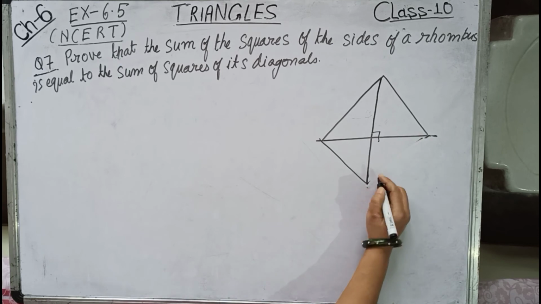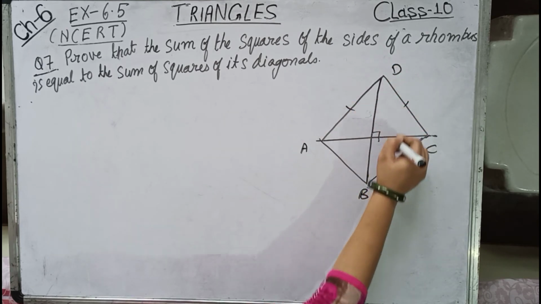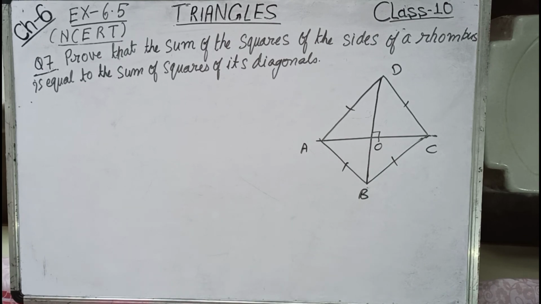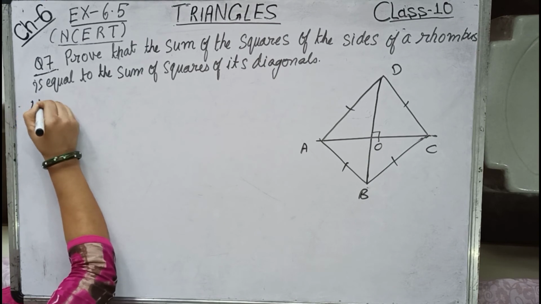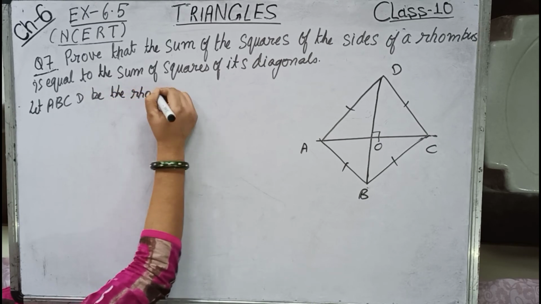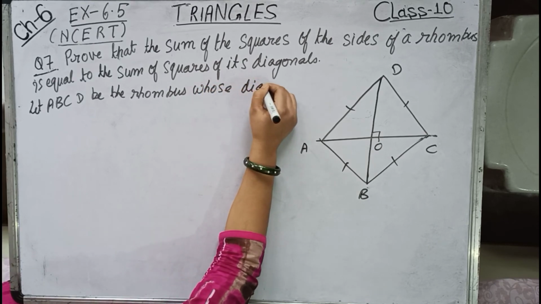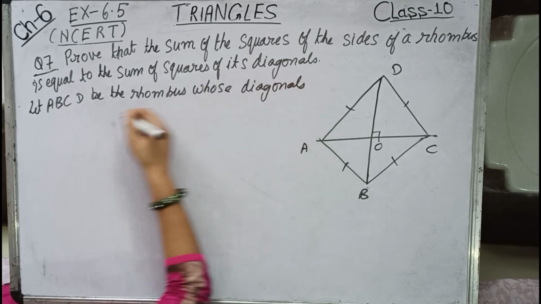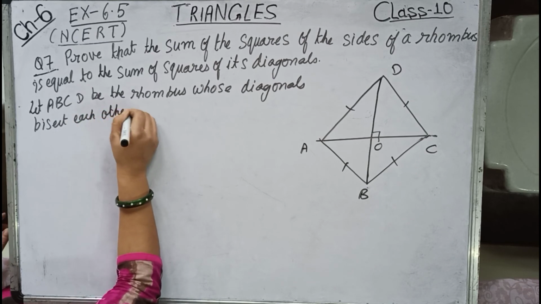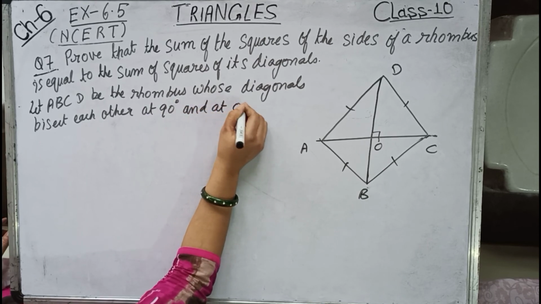So let ABCD be the rhombus whose diagonals AC and BD bisect at O. So let us write, let ABCD be the rhombus whose diagonals bisect each other at 90 degrees and at O.